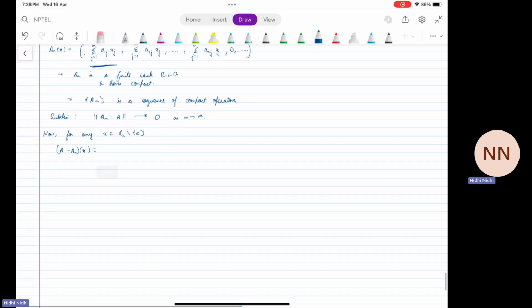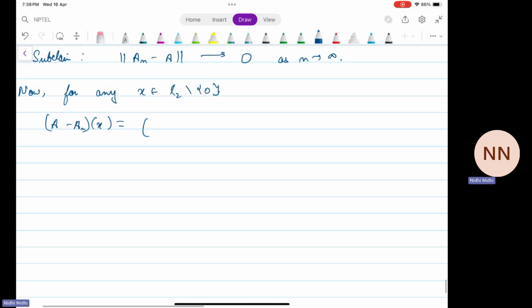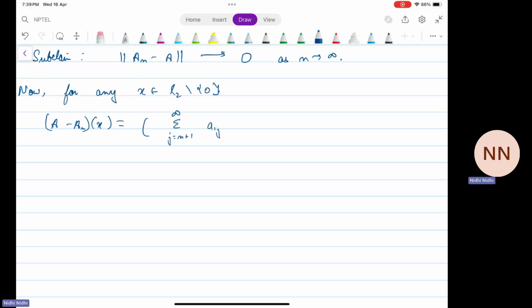So this is summation j from n plus 1 to infinity a1j xj, because the first n terms got cancelled out.